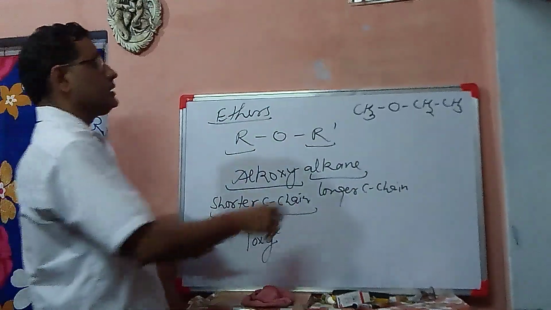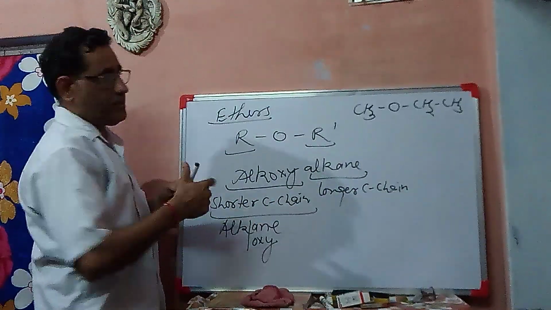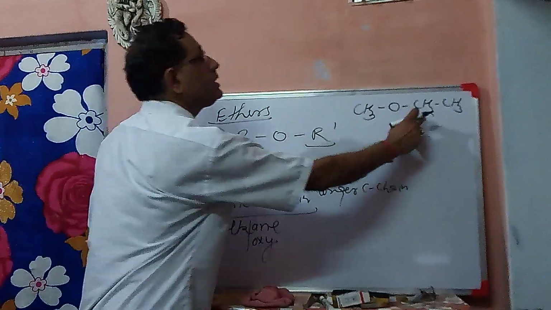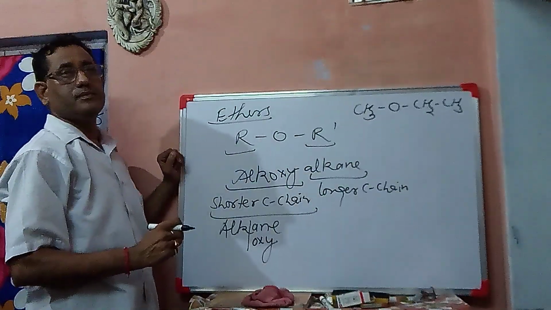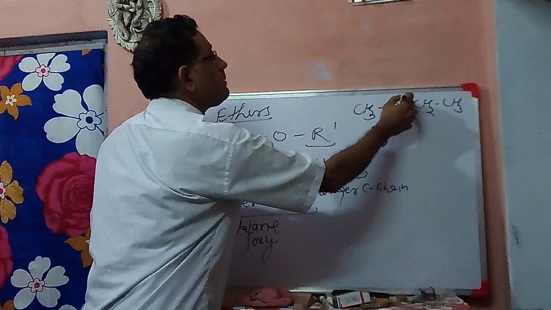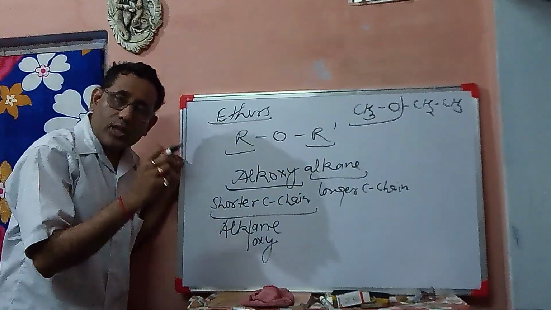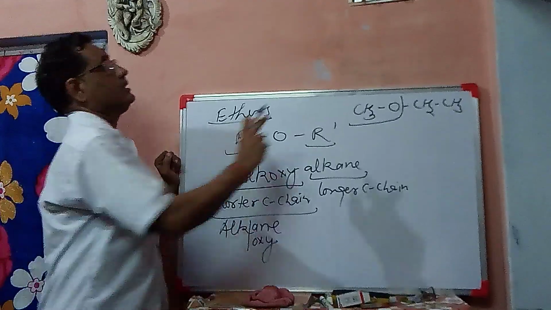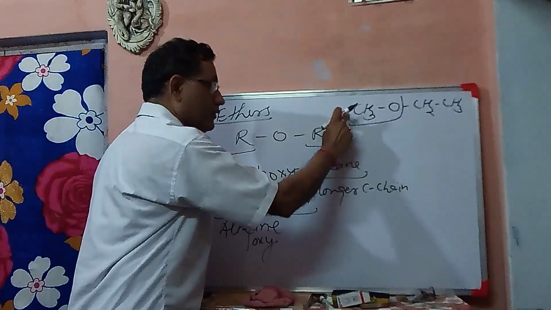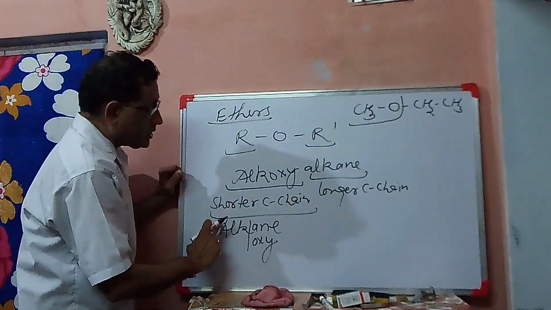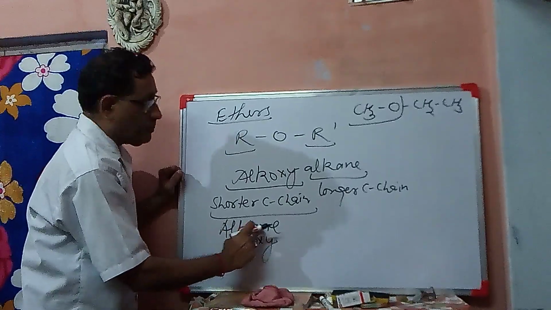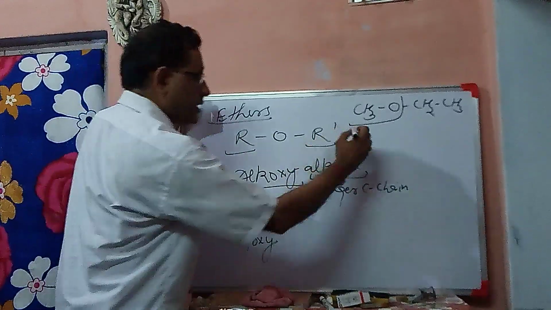See here there are two carbon chains present, one has one carbon, the other has two carbons. So this is the shorter carbon chain, which is taken as alkoxy. There is only one carbon, for one carbon name will be methane, you replace ane with oxy, the name will be methoxy.